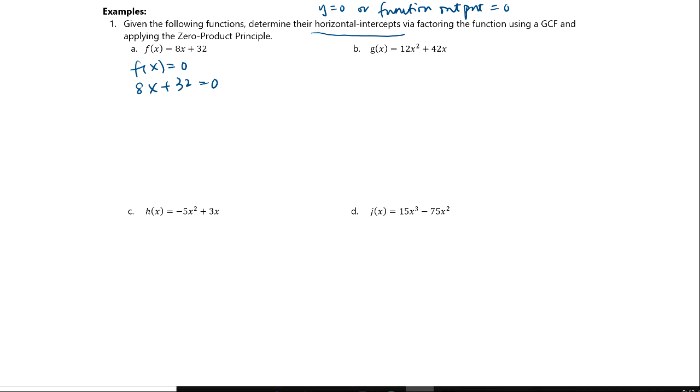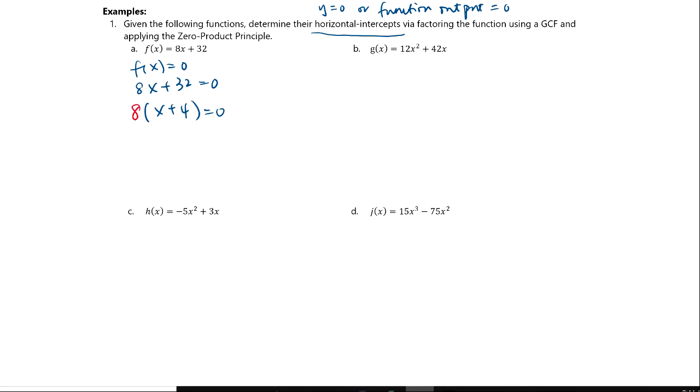We had the term being 8x and the other term being 32. So the common factor between these two will be 8, and that's going to be the factor we factor out. And as we factor this out, the first term is left with x, and the second term is left with positive 4. And therefore this is equal to 0.